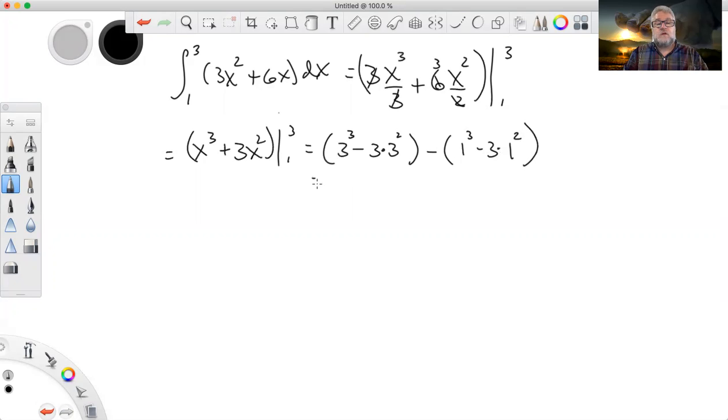So 3 cubed is 27, plus 9 times 3 is 27, very convenient, minus 1 plus 3 times 1 squared is 3. So 54 minus 4, which is 50. There you go. That's the area underneath this function.